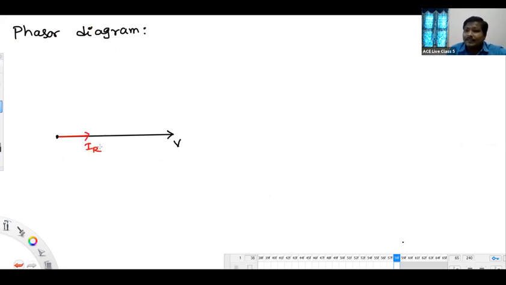How is the IC current? It is 90 degrees leading, and that quantity is a big one. The IC current is a bit bigger. Now we have to add IR and IC together in order to get the resultant current flowing in the dielectric material.